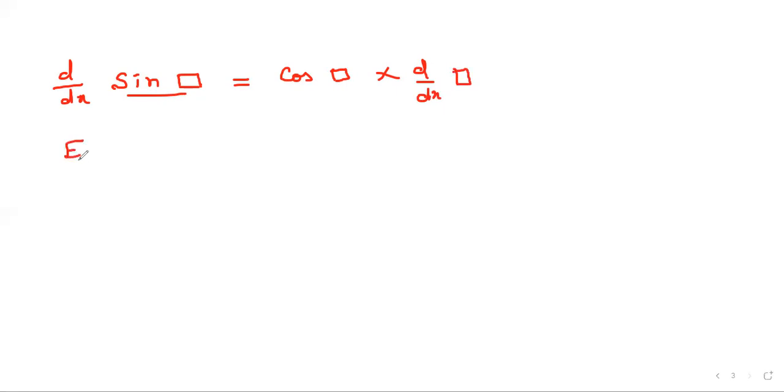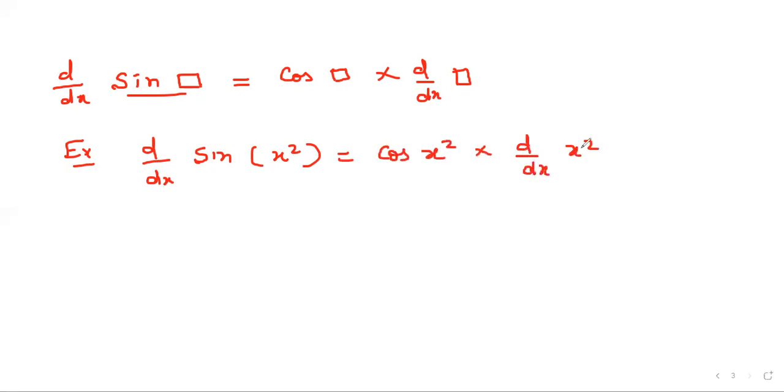Example, d upon dx of sine x square. It will become cos x square times d upon dx of x square, and that will be 2x. So we write it in the beginning, 2x cos x square. d upon dx of cos block.